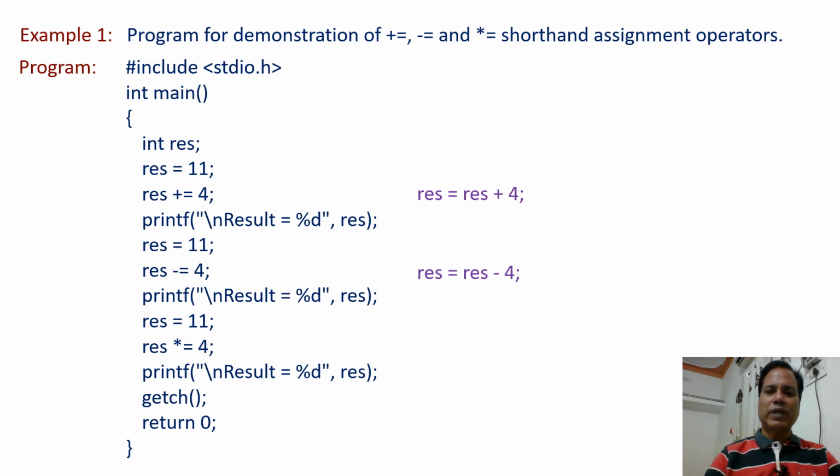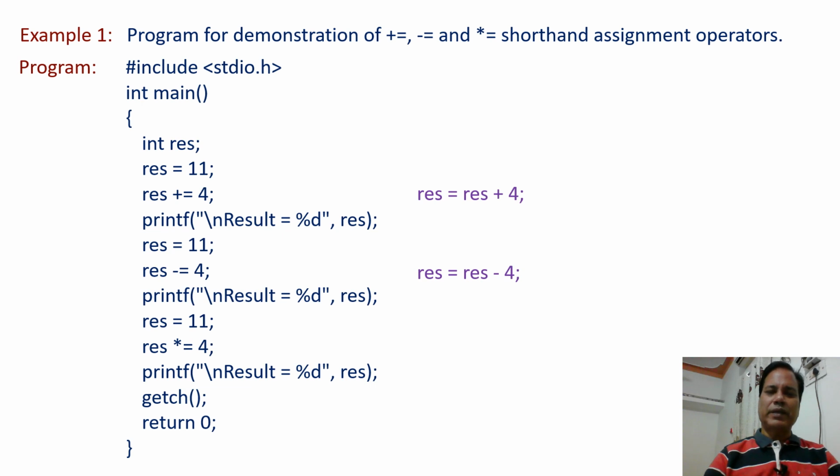The value of res is 11, so 11 minus 4 is 7, and 7 is assigned to the left side variable res. So when we print the result, it will be equal to 7.